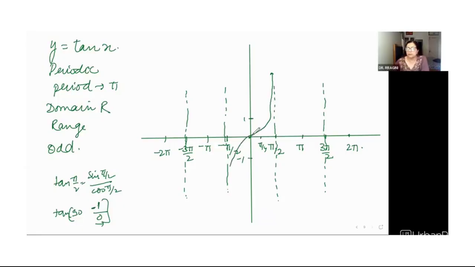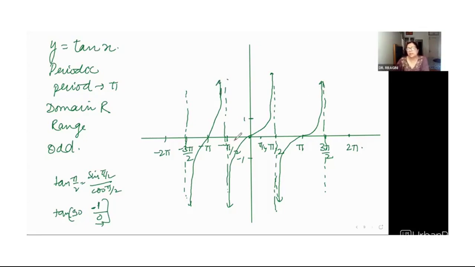So it goes to negative infinity. Here also, at 3 pi by 2, it shoots to positive infinity. Please don't touch this line. And this way you have to complete this graph.